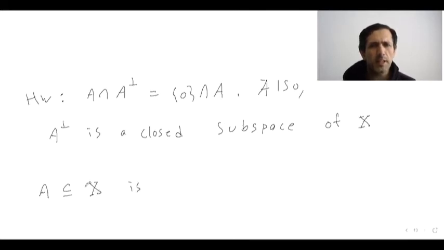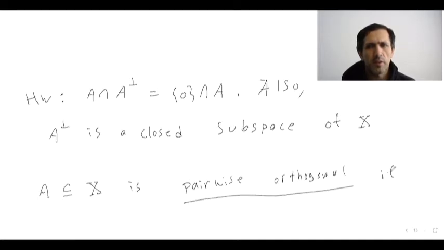So we say that a subset A of X is pairwise orthogonal if whenever we have x not equal to y, and x and y in A, then these are orthogonal. Okay.